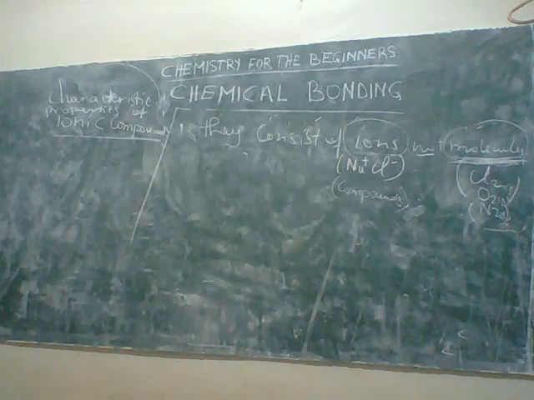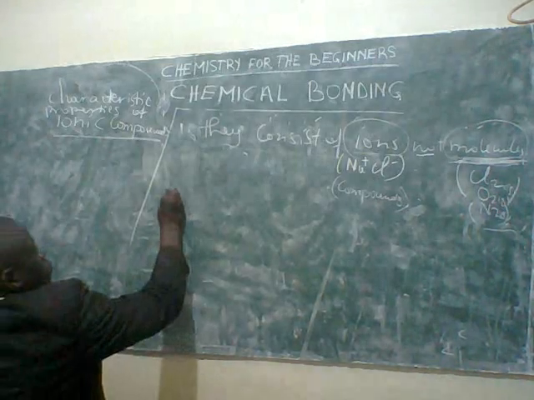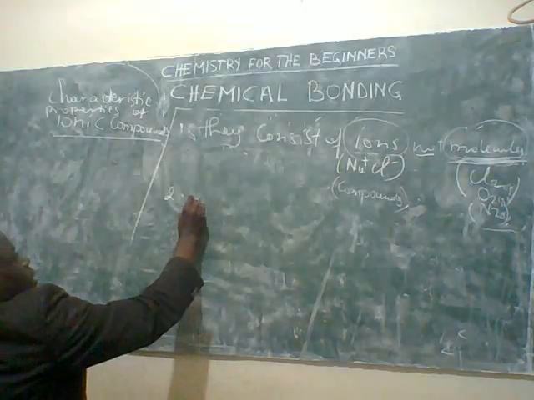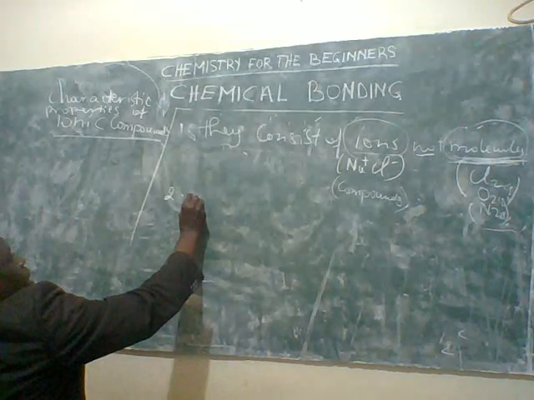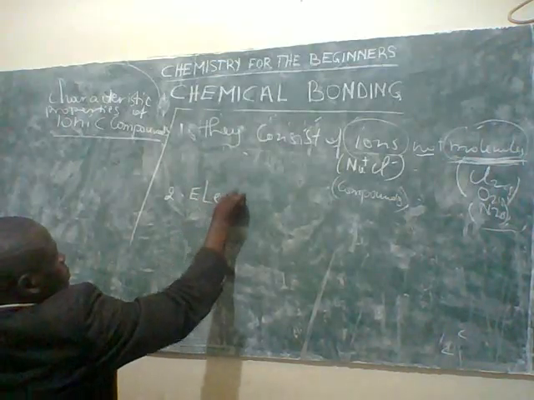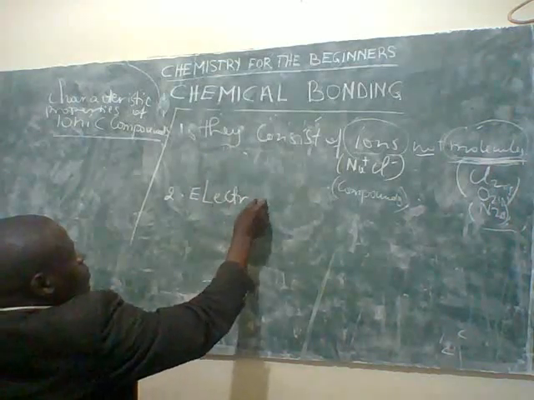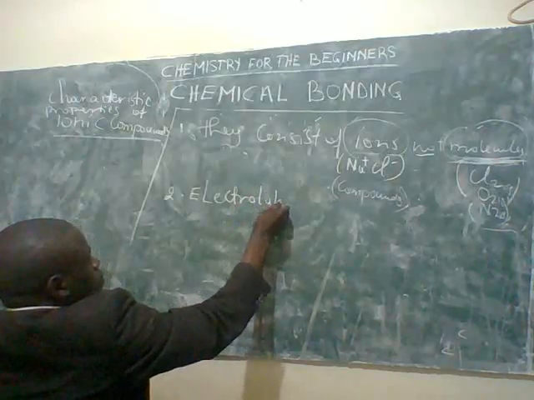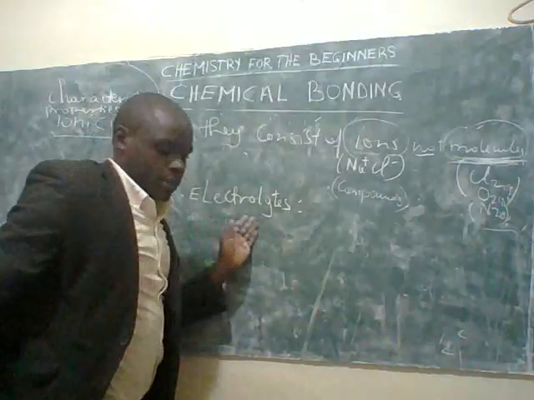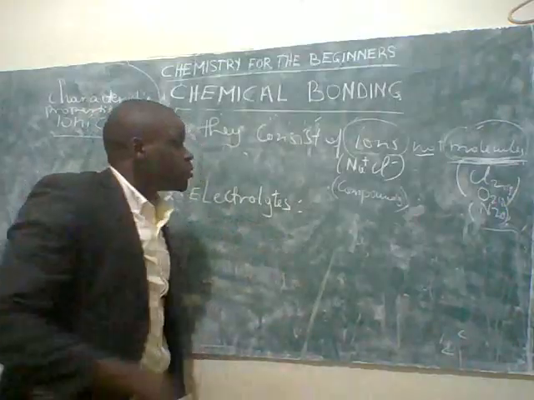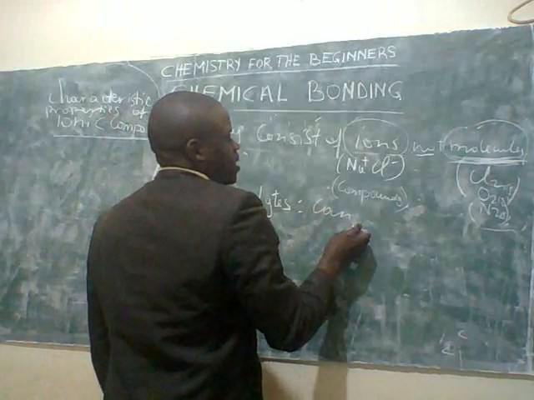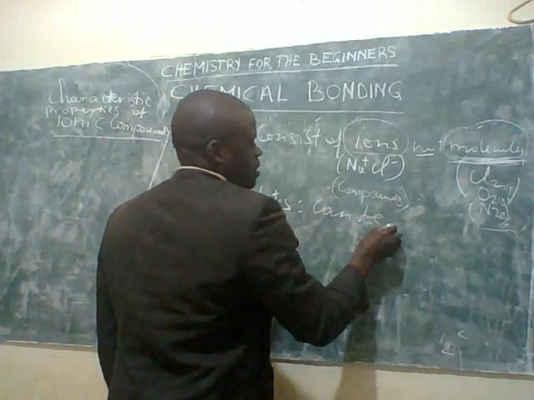Another thing, number two: ionic compounds are electrolytes, which means they can be electrolyzed.